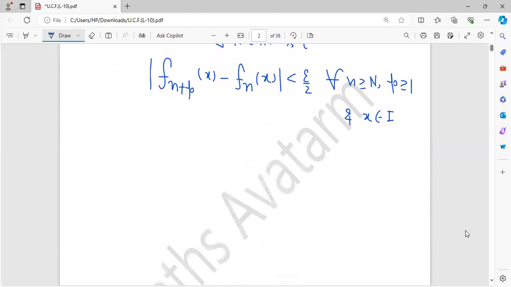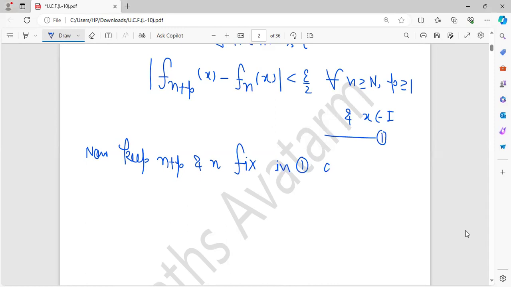Now keep n plus p and n fixed in equation 1, and let x tend to x naught in 1.